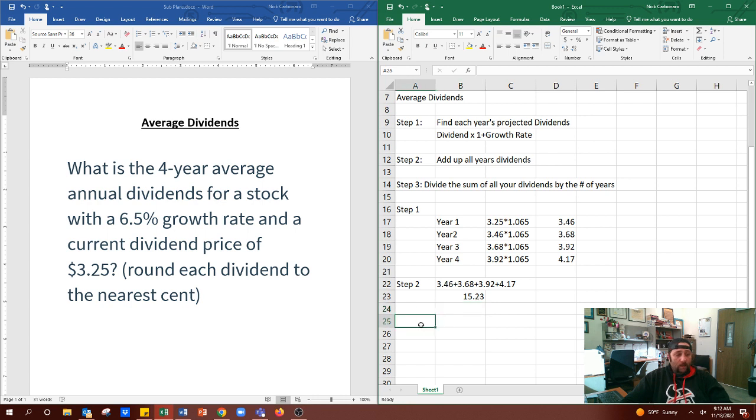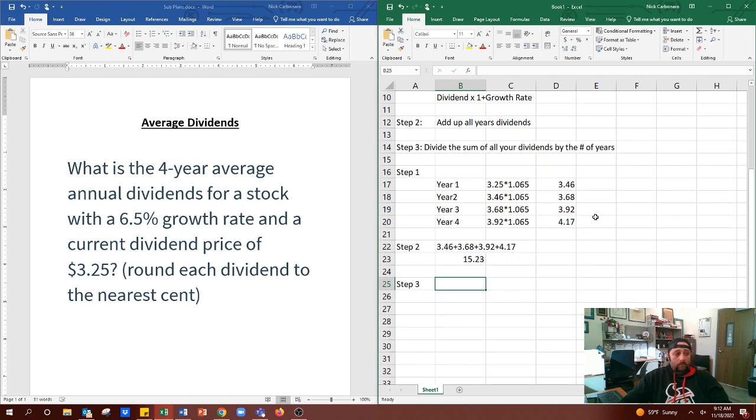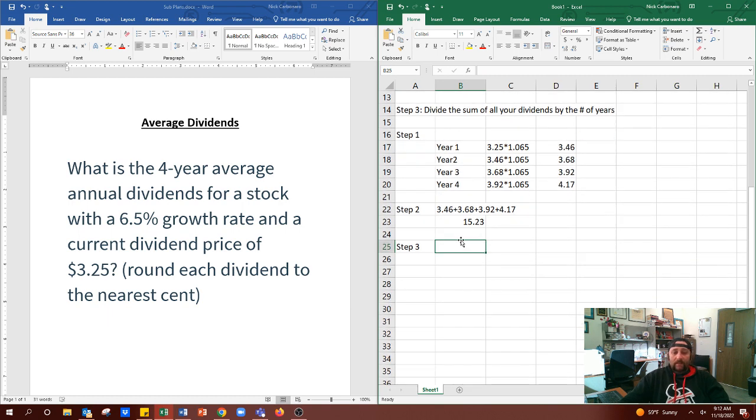Now we can go to step number 3. Step number 3 says divide the sum of all your dividends by the number of years. That's very easy now. Now we have all the variables we need. We know our sum is 15.23, and we're going to divide that by the number of years: 1, 2, 3, and 4. So 4 years.